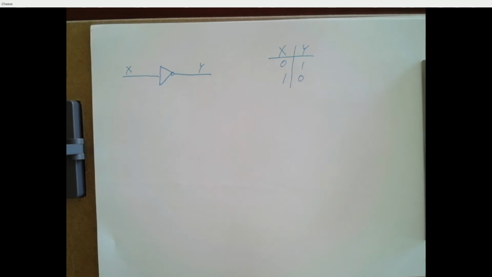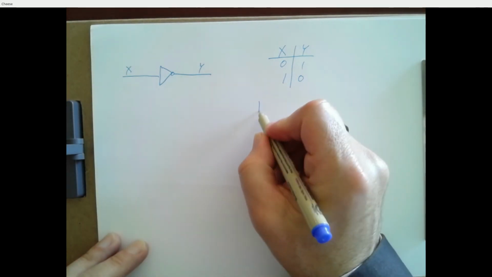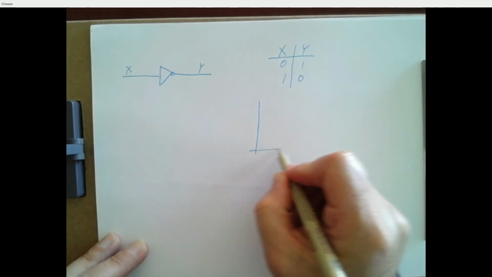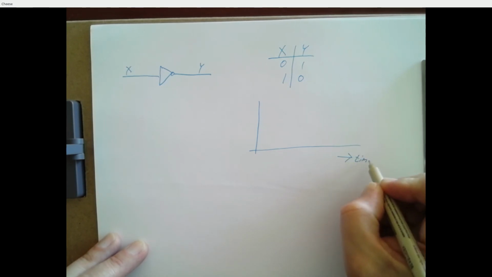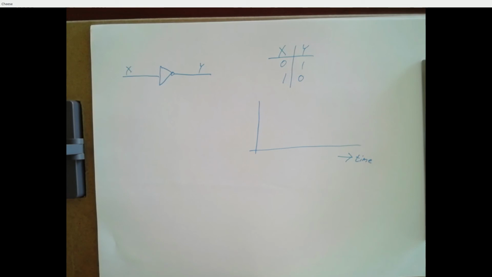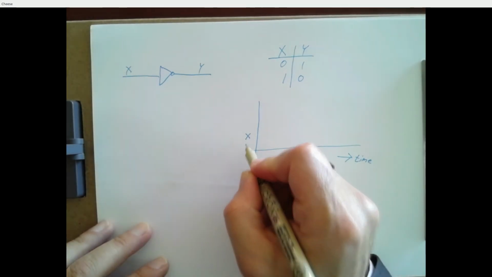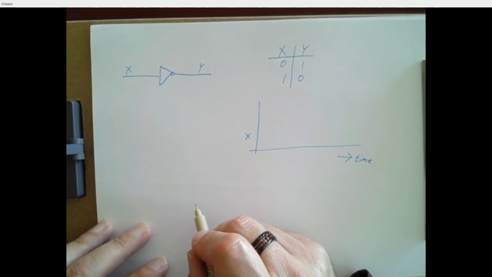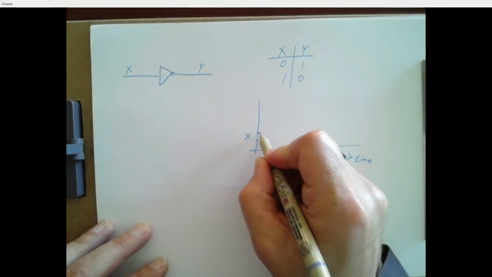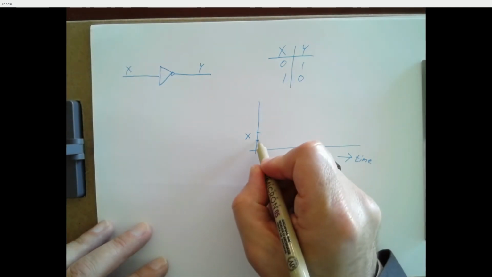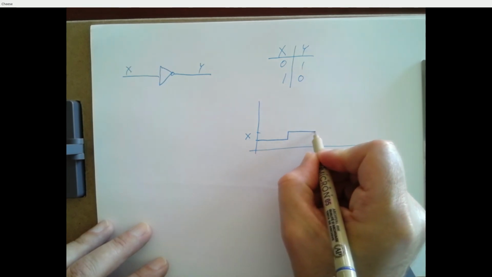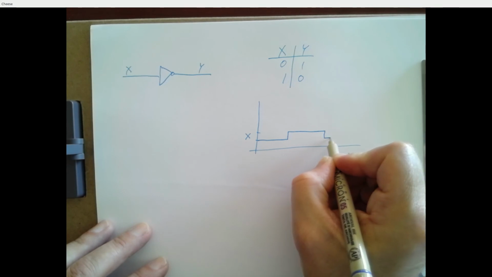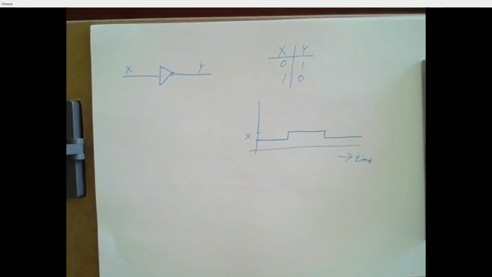Now suppose we drew a graph, and we're going to show time horizontally, and we're going to show the value of x across time, and it could be either 0 or 1. So suppose x starts off at a 0, and at some point it becomes a 1, and at some other point it becomes a 0 again.